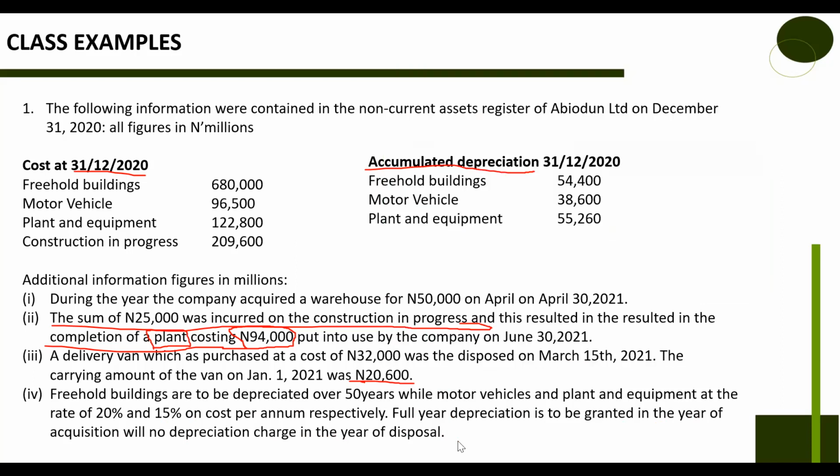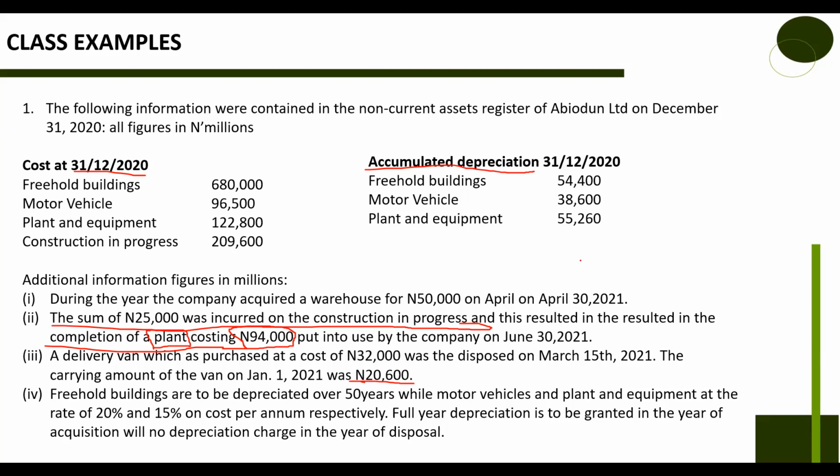You charge full depreciation in the year that you acquire any property, but in the year that you dispose of it, you do not charge depreciation. Even if you sell the property at the end of the year, you will not charge depreciation on it.